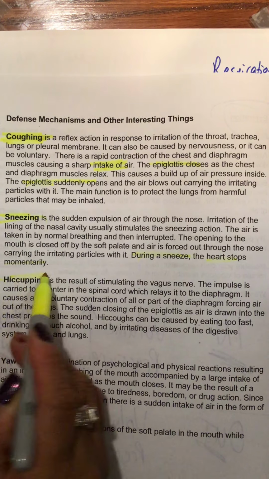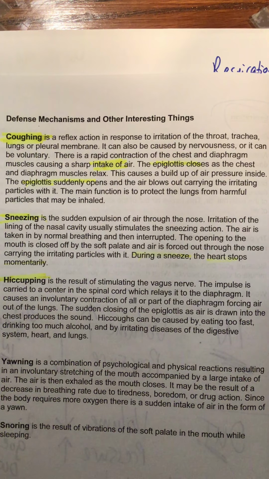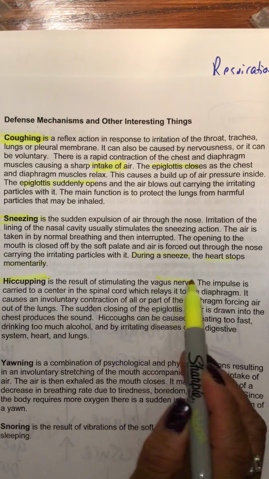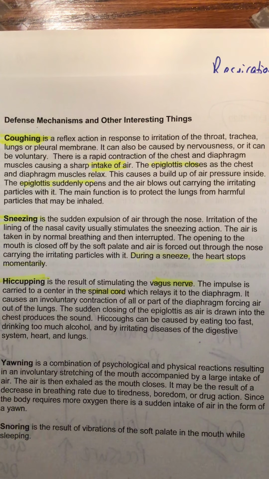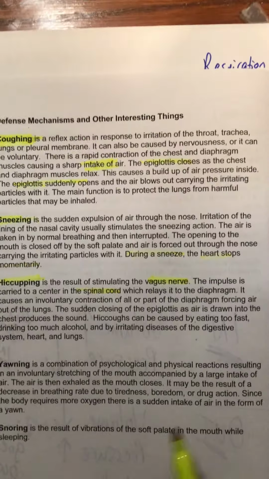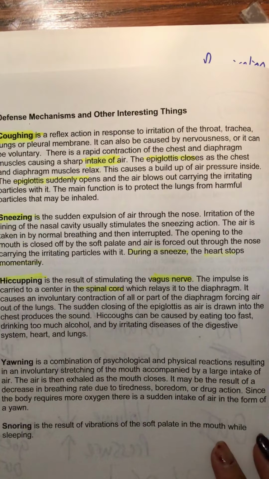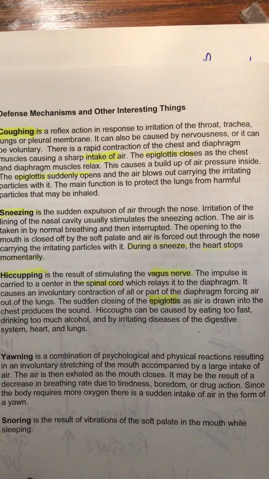Hiccup is basically a stimulating of the vagus nerve. So the vagus nerve is part of your spinal cord and it relates to the diaphragm. So the contraction of the diaphragm forces the air rapidly out of the lungs, and the sudden closing of the epiglottis as the air is drawn into the chest produces the sound.